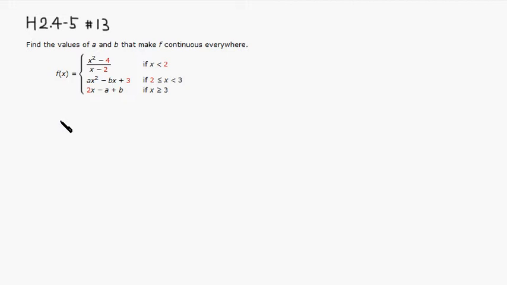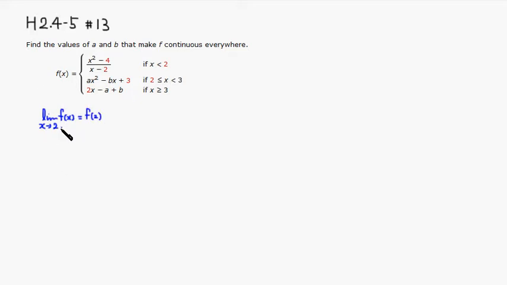Right, so in order to make sure that f is continuous at 2, we have to make sure that the limit of this function f of x as x approaches 2 is going to be equal to f of 2. Right?